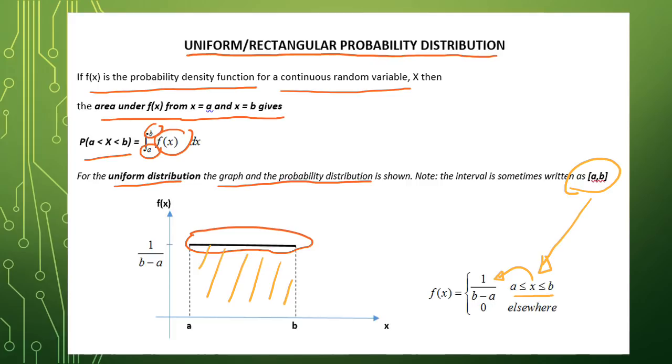And how is the function constructed? It is 1 over b minus a. Once you know the function, f(x) is given as 1 over b minus a, representing the horizontal line that you have drawn for the interval between a to b.